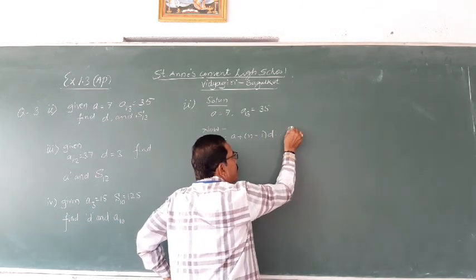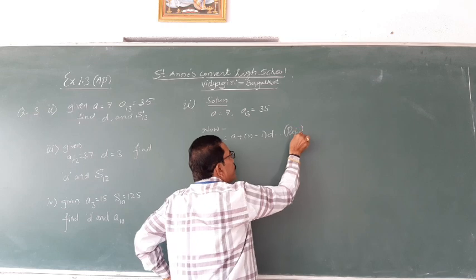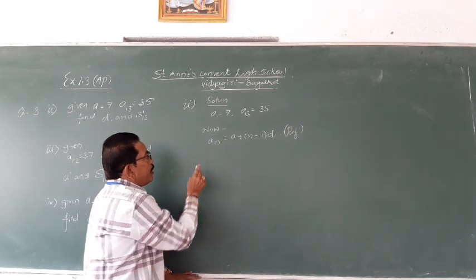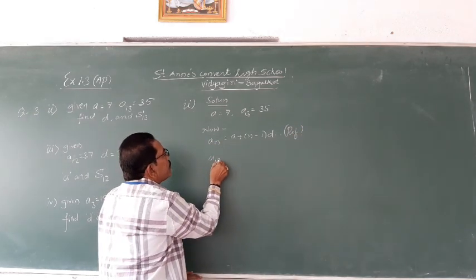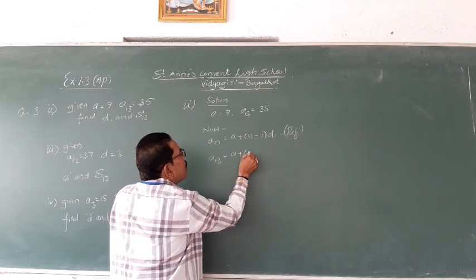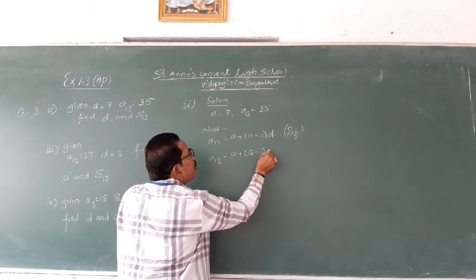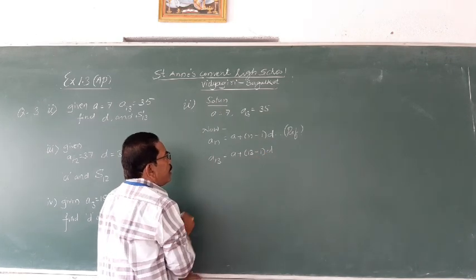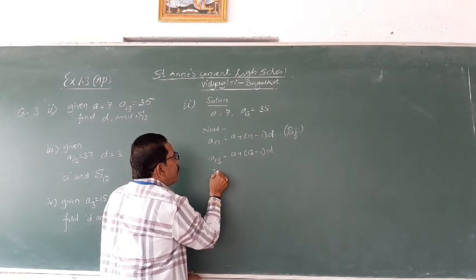This one is the reference formula. a13 equals a plus 13 minus 1 into d. a13 is 35.